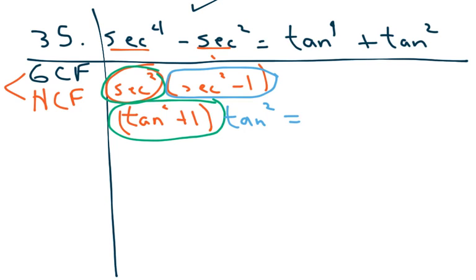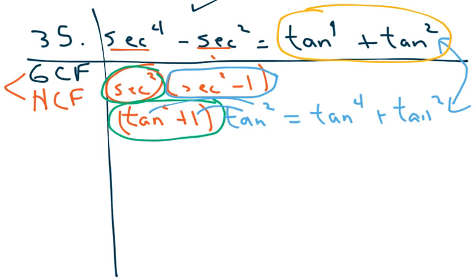Now when I distribute, distributing from the right here, I'm going to get tan to the 4th plus tan squared. So these two match. You could have probably taken this side and done the same thing and got your left-hand side here. Like I said, there's no exactly right or wrong way to do these. If you'd changed all these to sine and cosine, it would have been a lot more complicated, however. The fact that you know your identities made it easier.